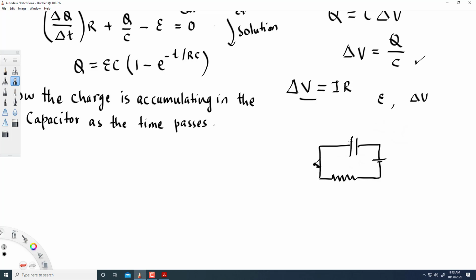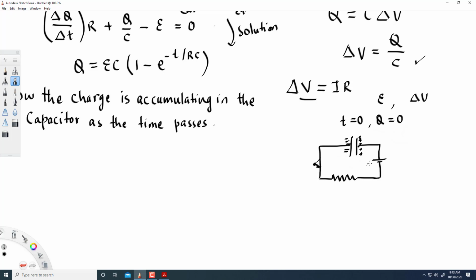In the very beginning, there is no current, zero current or zero charge. At t equal to 0, Q is 0. But as you close the switch, current starts to flow here. As the current flows, the charge starts to accumulate here. So initially you will have a little bit of charge, and then as the time passes, you will have more and more charge, until it becomes full.